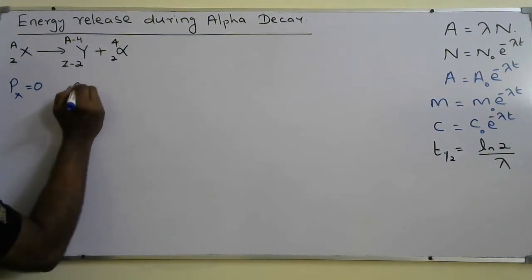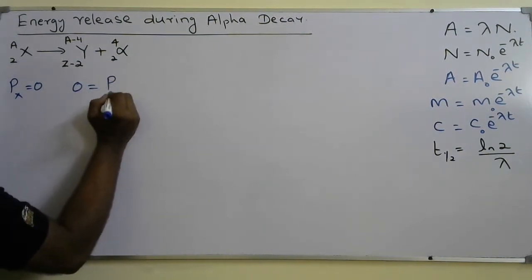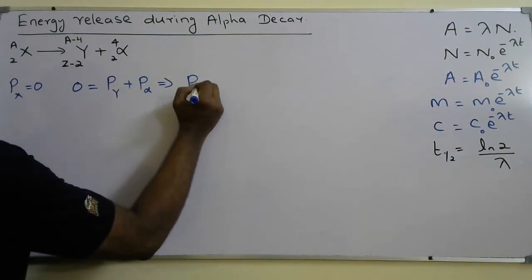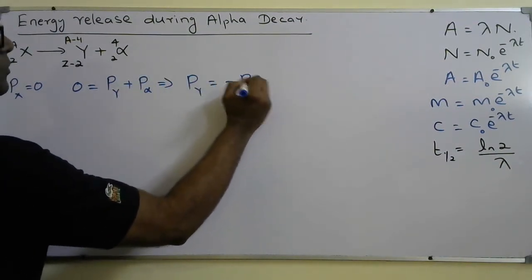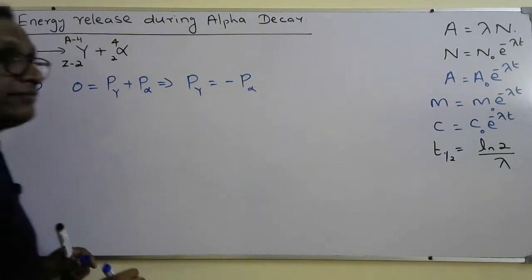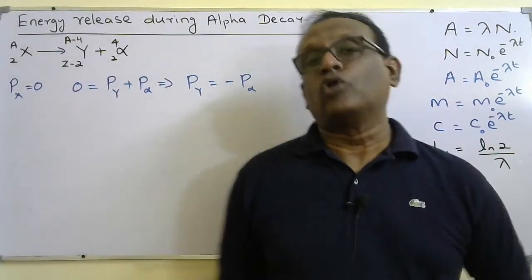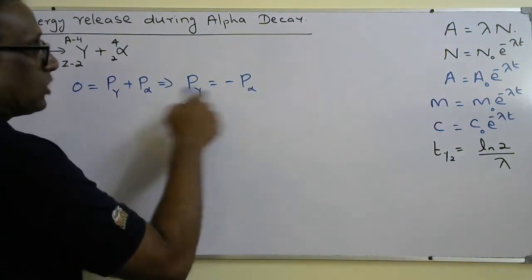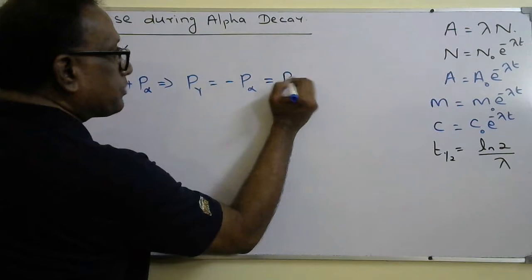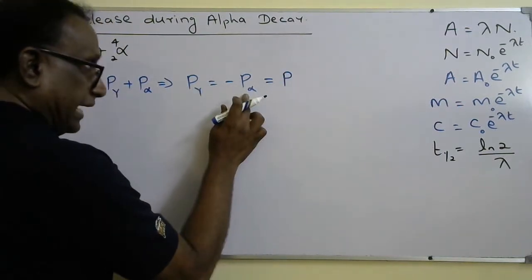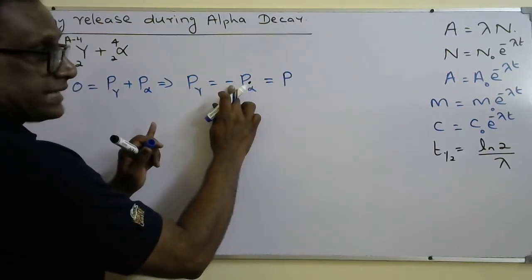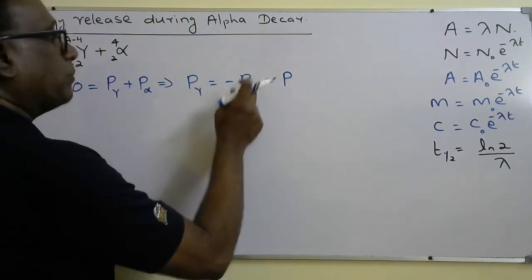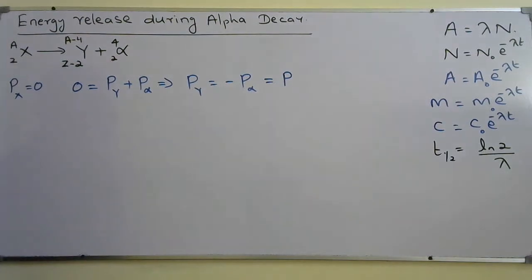That means zero equals momentum of Y plus momentum of alpha. So momentum of Y is equal to minus momentum of alpha, which means both have the same magnitude of momentum but in opposite directions. The minus sign indicates opposite direction. So I generally put the momentum of Y or alpha equal to P.